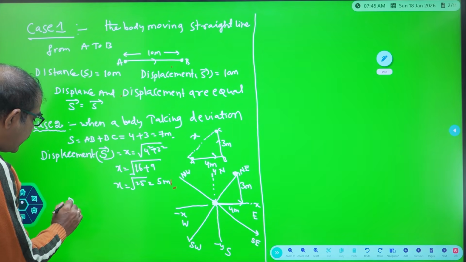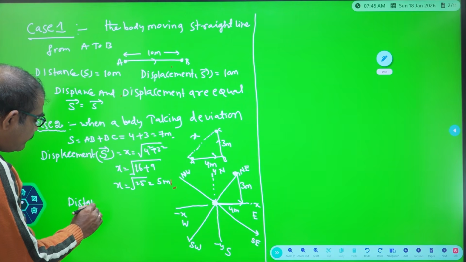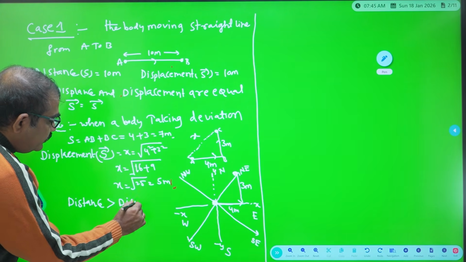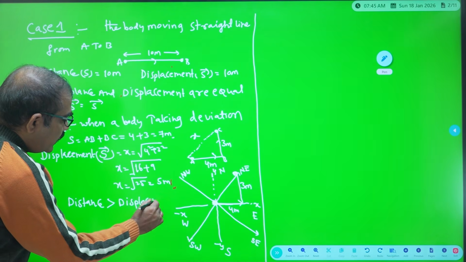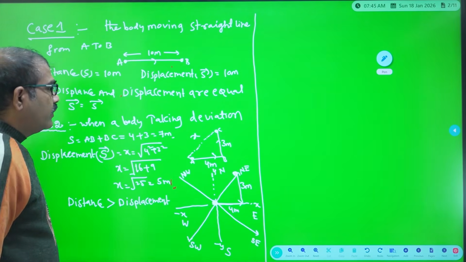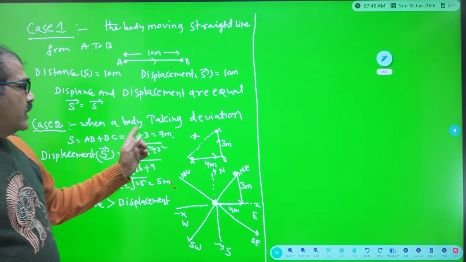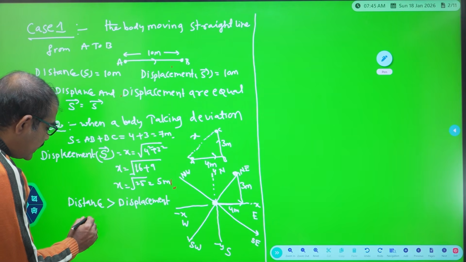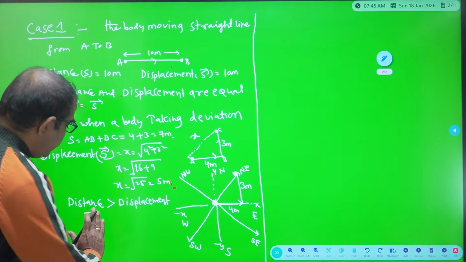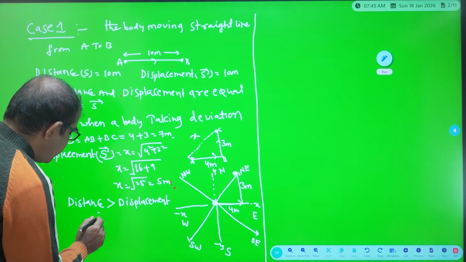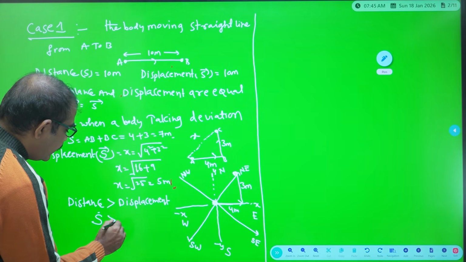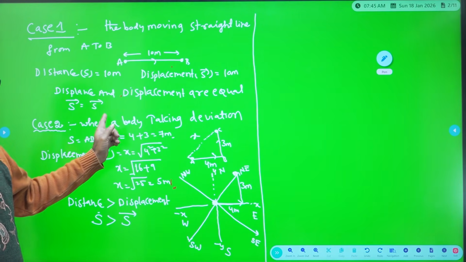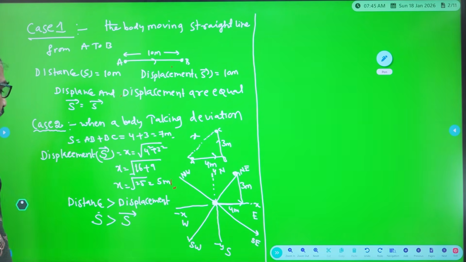Distance is greater than displacement when the body is taking deviation. This is the second case. First case, distance is equal to displacement. Second case, distance is greater than displacement.